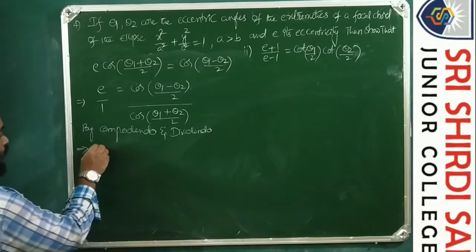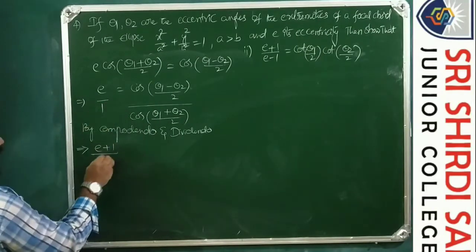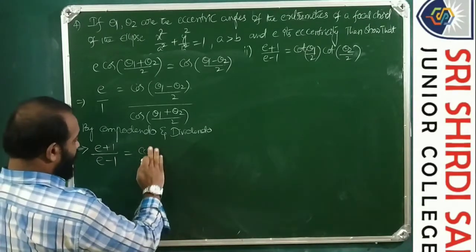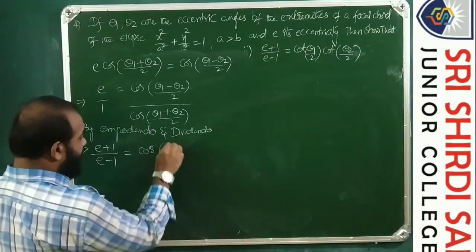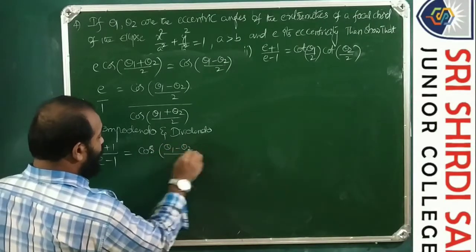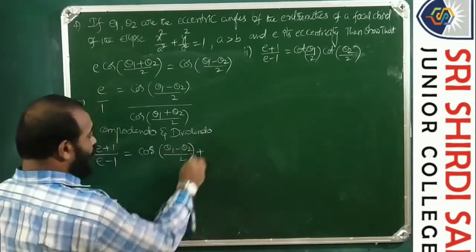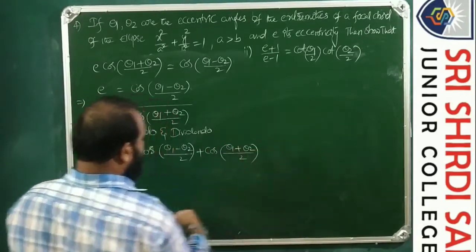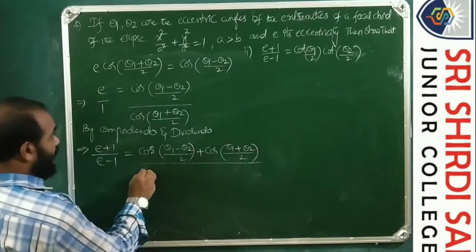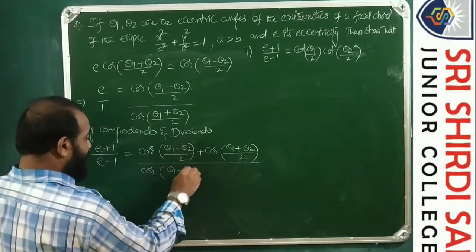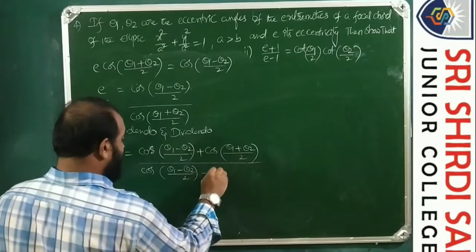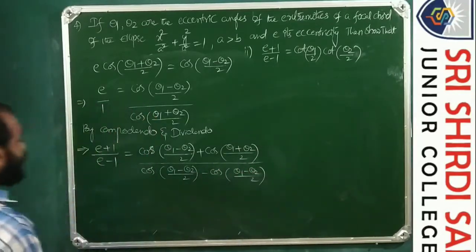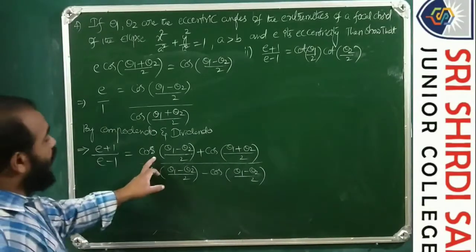So (E plus 1) by (E minus 1) is equal to cos((theta 1 minus theta 2) by 2) plus cos((theta 1 plus theta 2) by 2) by cos((theta 1 minus theta 2) by 2) minus cos((theta 1 plus theta 2) by 2).